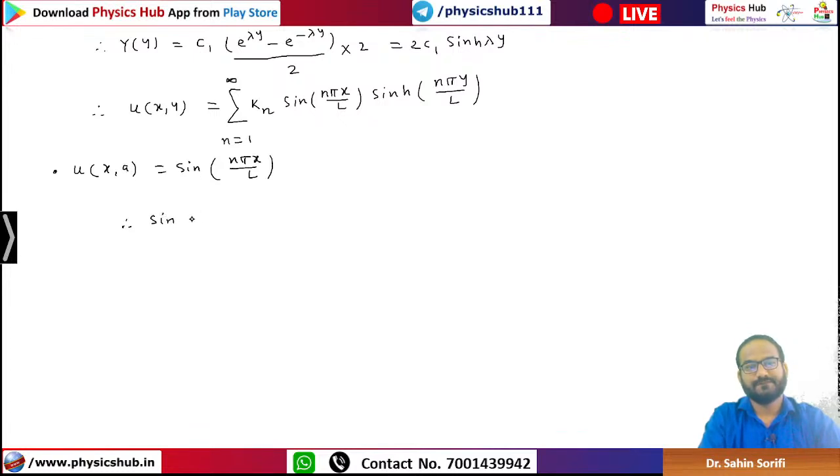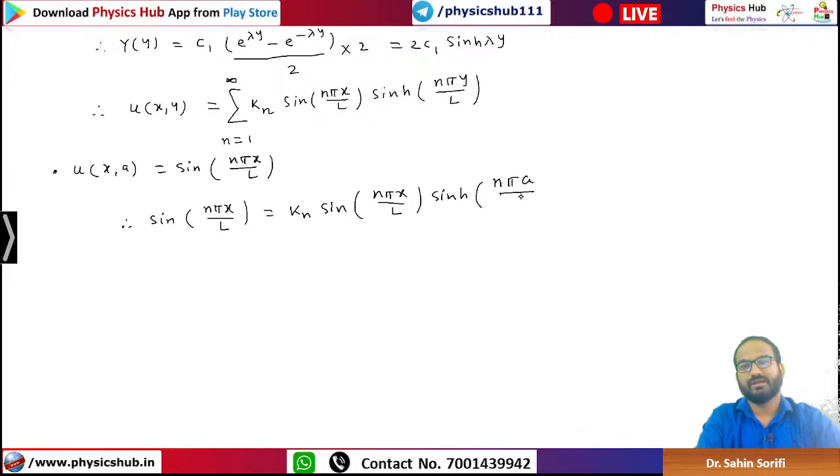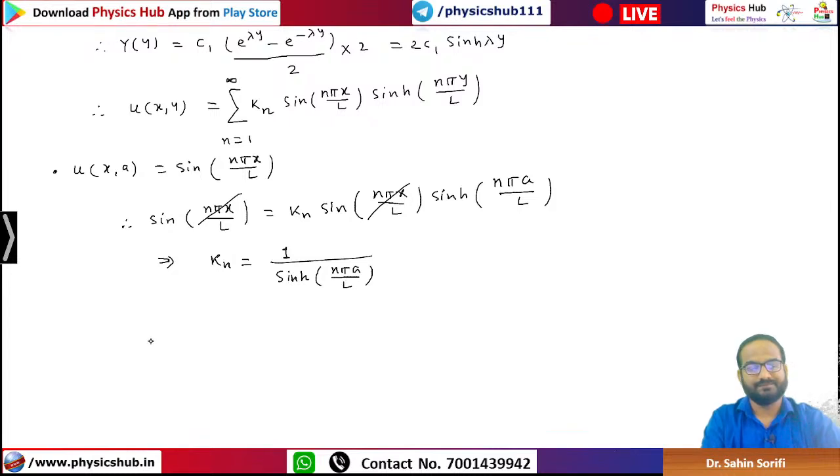So sin n pi x by L is equal to kn sin n pi x by L sin hyperbolic n pi a by L. So sin n pi x by L gets cancelled from both sides. That gives you kn is equal to 1 upon sin hyperbolic n pi a by L.